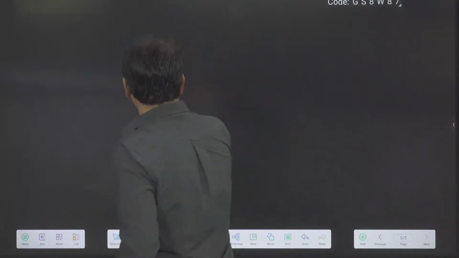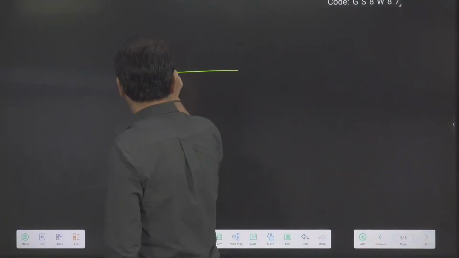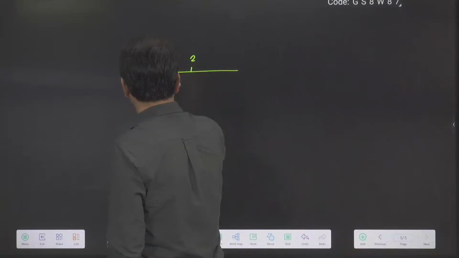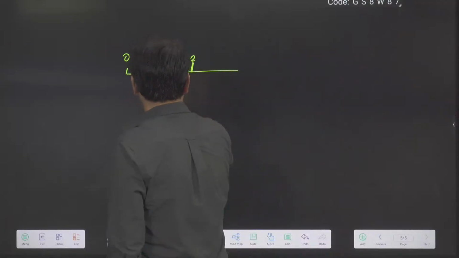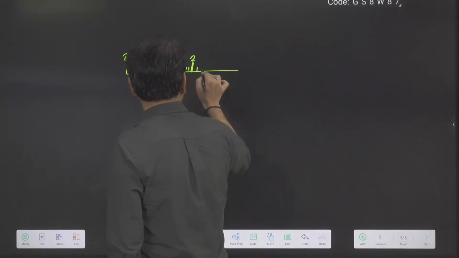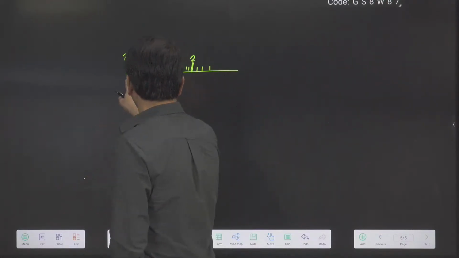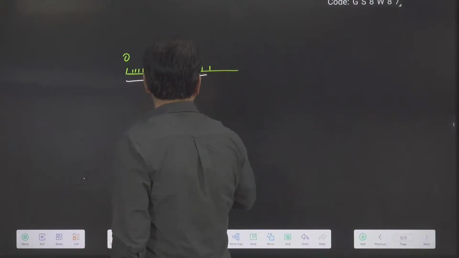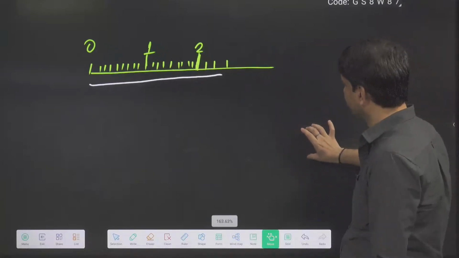Suppose I am making the scale here. Okay, I'm zooming this.